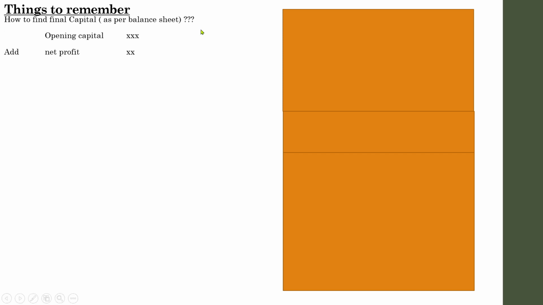In almost all the cases net profit will be the result, but we can't say surely that it will be a profit situation. Sometimes you may come across a question where you come up with a net loss. In that case you have to deduct the net loss. If it is a net profit, you have to add it to the opening capital.